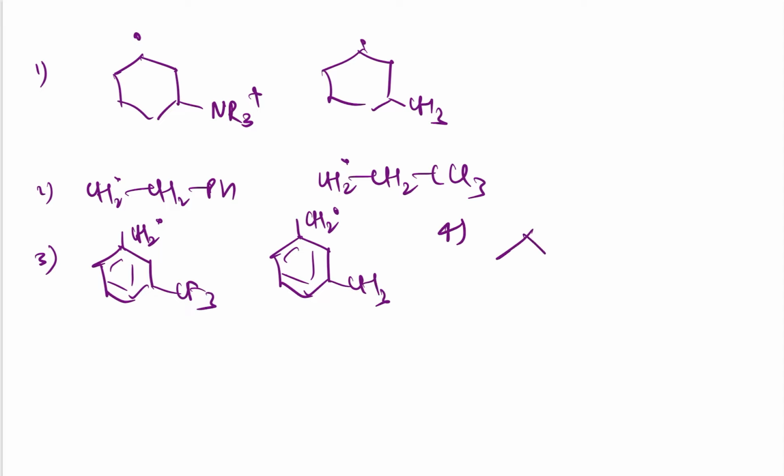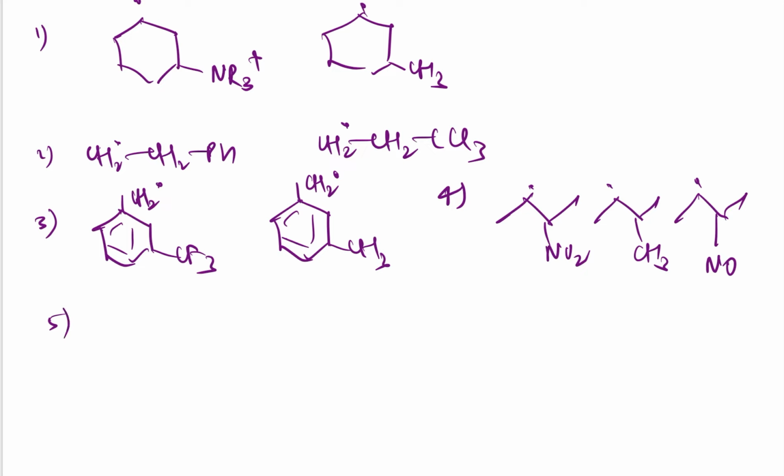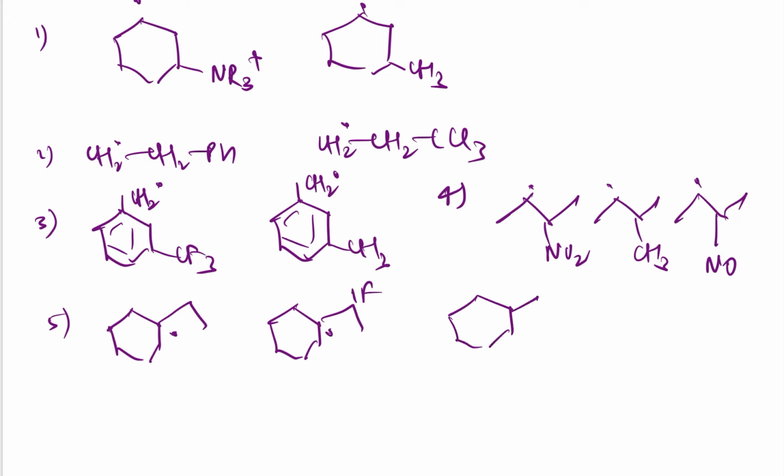Fourth, here we have NO2, CH3, and here we have NO group. Fifth, we have a free radical over here, and we have fluorine, and one methyl more.